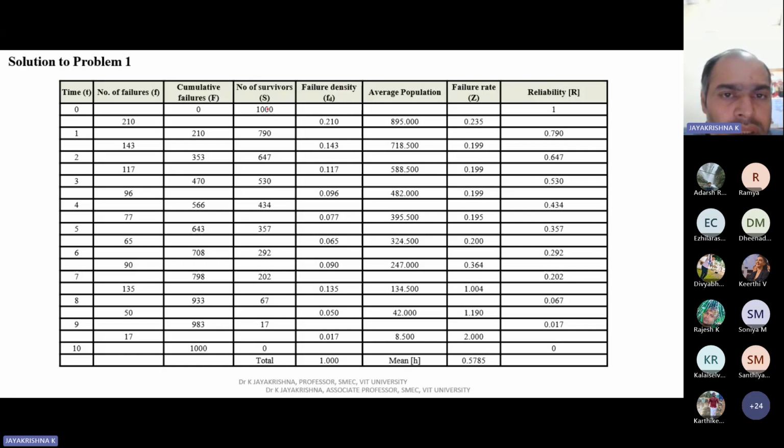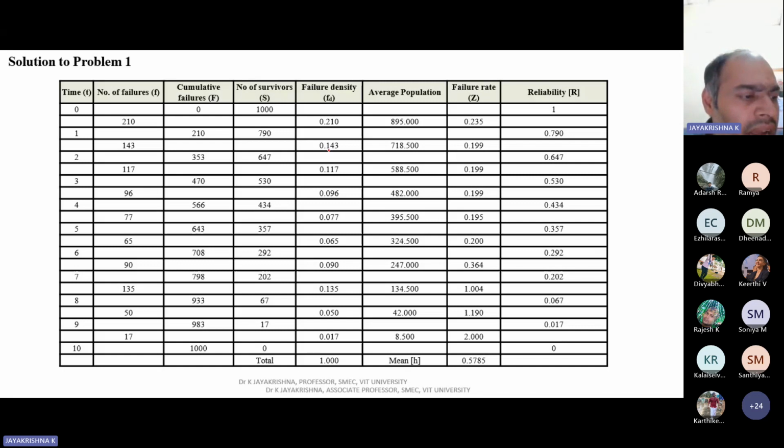Then you have to calculate 143 divided by 1000, 117 divided by 1000. Like that, number of failures f divided by the initial population, you will get failure density.